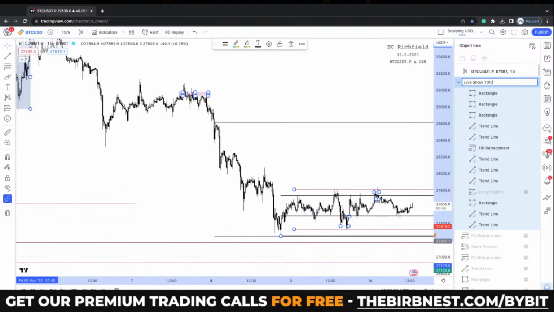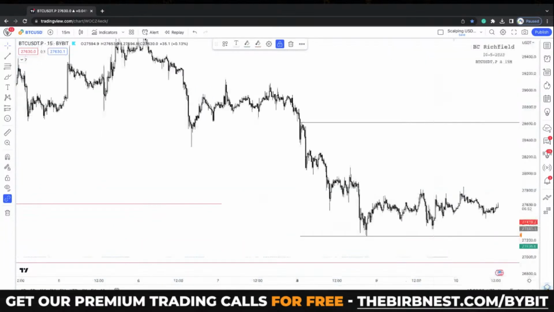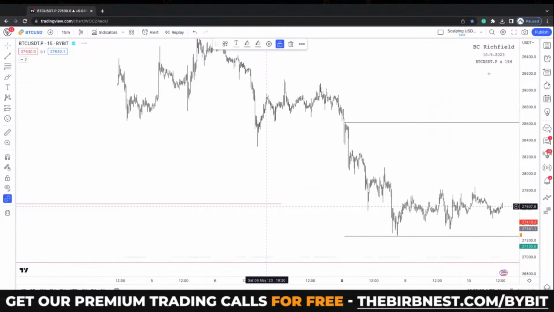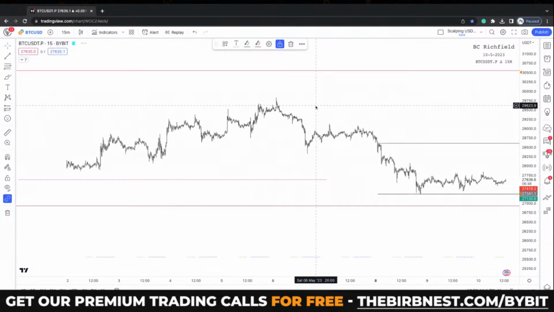Today, 10th of the 5th. So here we go. Now, when we're looking at a chart, I like to get onto that and then compress the chart.